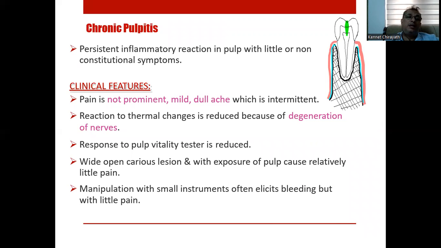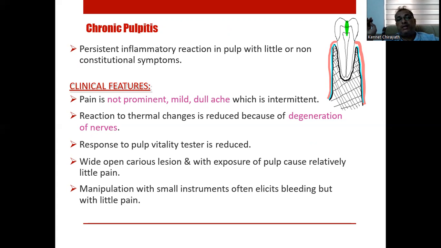So these are the clinical features of chronic pulpitis. Chronic pulpitis is mainly a persistent inflammatory reaction in the pulp with little or no constitutional symptoms. The main feature is that the patient doesn't have any symptom, or sometimes a mild to dull ache which is intermittent.